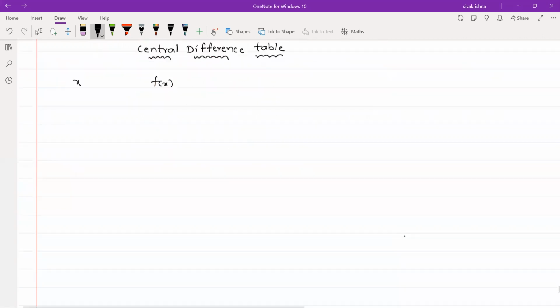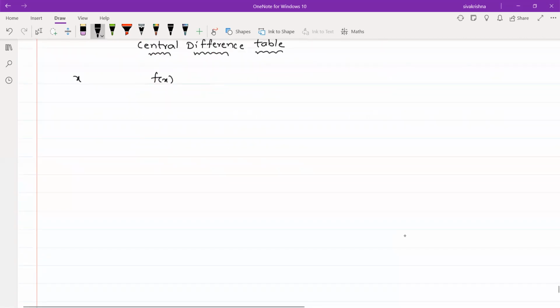So the x values are 20, 24, 28 and 32. Coming to the y values, we have 14, 34, 35 and 40. So these are the corresponding y values.